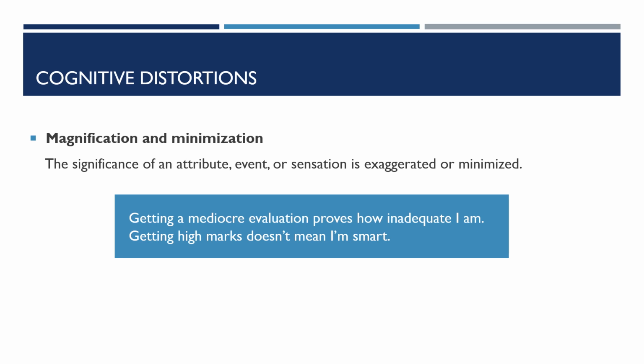So, for example, getting a mediocre evaluation proves how inadequate I am. Getting high marks doesn't mean I'm smart. So you really highlight some negative aspects of yourself while you're ignoring some positive side of yourself.